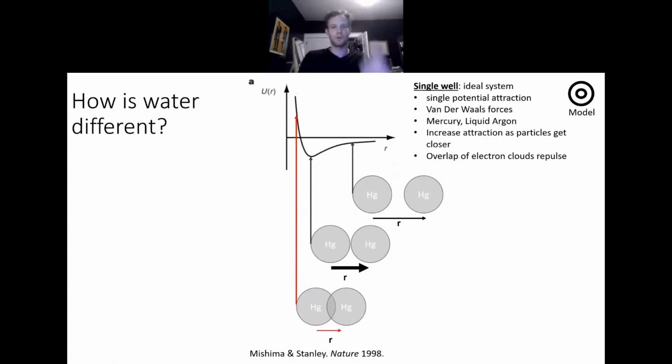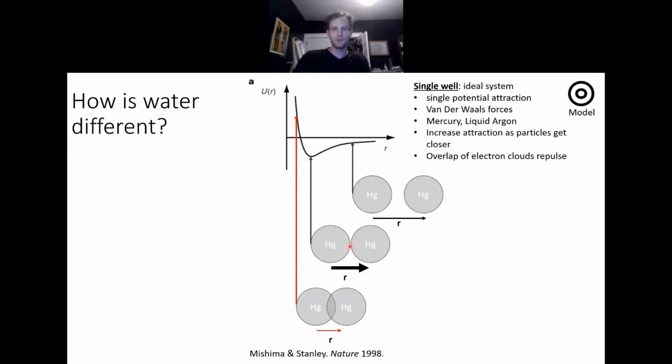So how is water different than something that we consider normal? Here I have 2 mercury atoms, and I'm measuring their attraction, their chemical potential to move together, and R is how far apart they are. If they're quite far apart, then there's some attraction until they have optimal bonding or van der Waals interactions when they're touching.